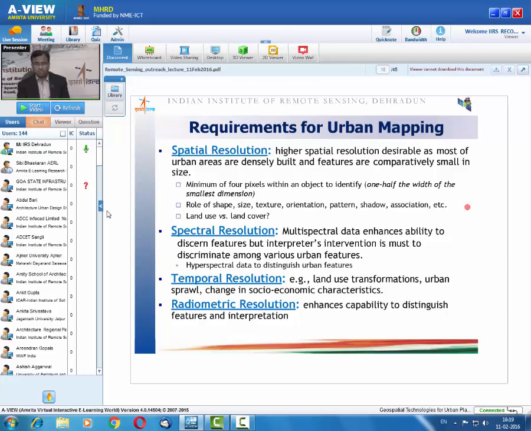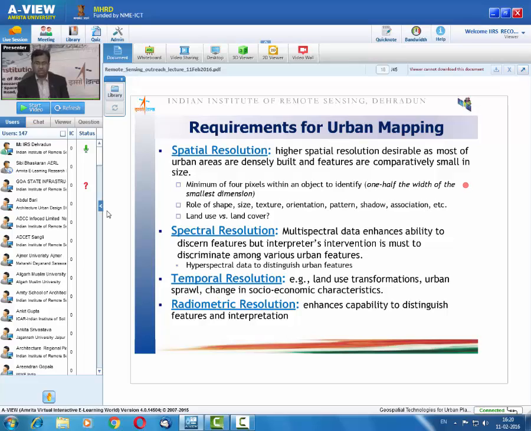In the context of spectral resolution, we have panchromatic data where a single band is there, multispectral where more than one band is available, and hyperspectral data where hundreds of bands are available.